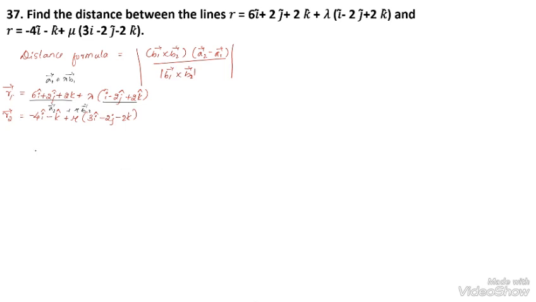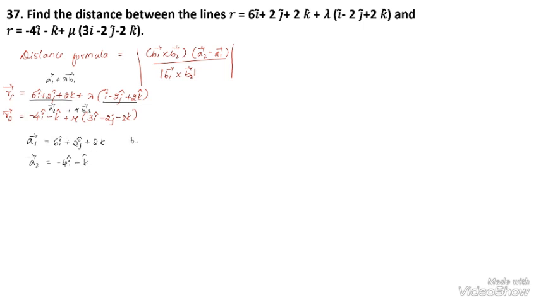Then vector a1 is 6i plus 2j plus 2k. Similarly, a2 is equal to minus 4i minus k.